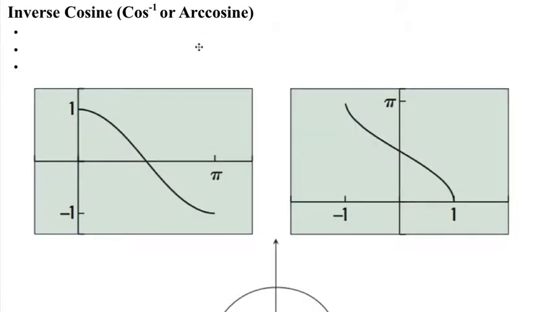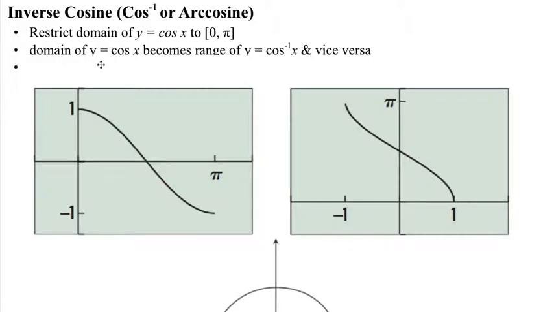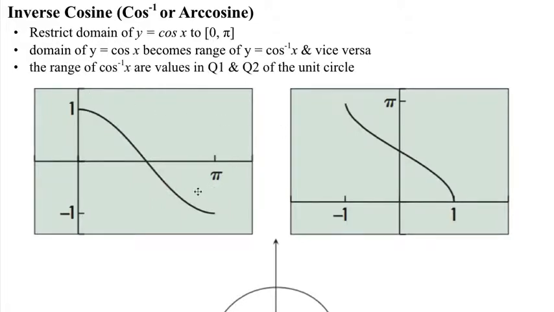The inverse cosine function, or the arc cosine, we are going to limit our domain from 0 to pi radians. Okay, so on the x-axis we're only going from 0 to pi. This is now a function, and it is 1 to 1. Our range is from -1 to 1, and that becomes our domain in our inverse function. So we're restricting our domain from 0 to pi, and our domain and range flip places between our original function and our inverse function.